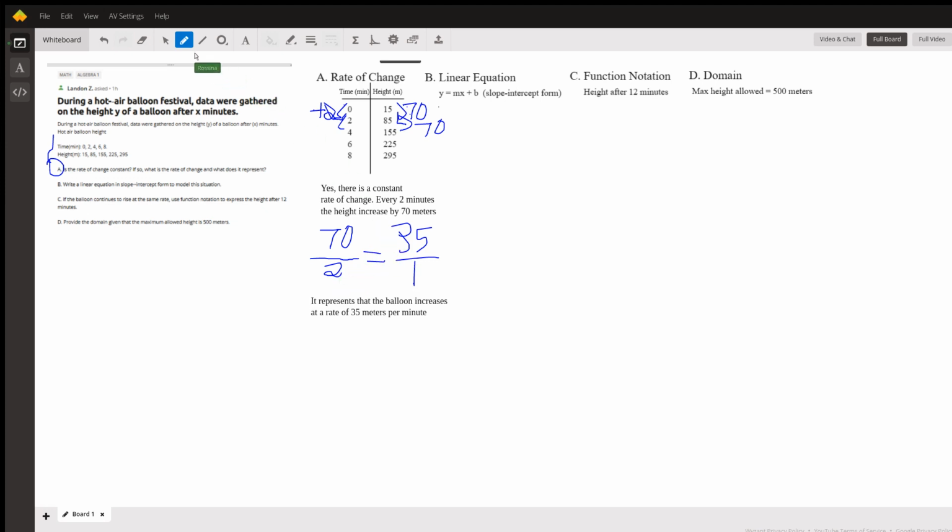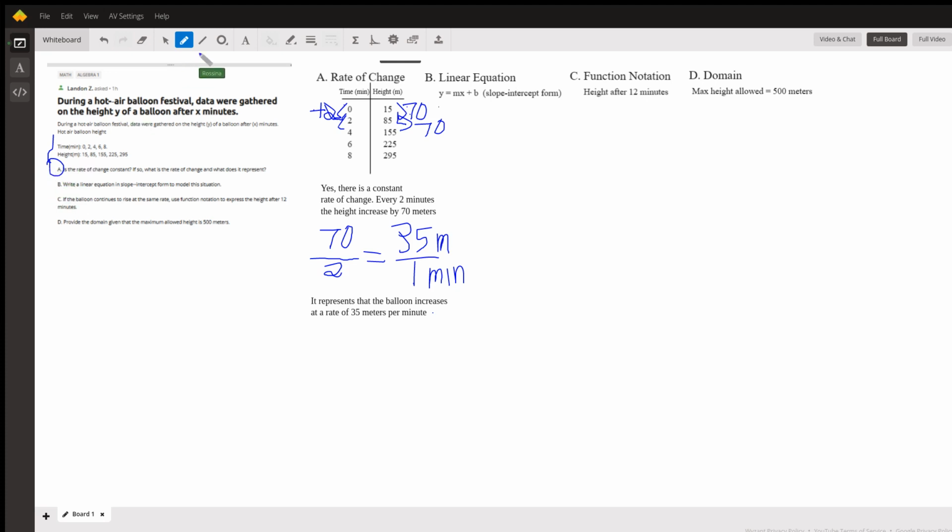Simplify and then put it into the context of this problem. Because the numerator 70 represents my meters and the bottom represents my minutes, we can say 35 meters per minute, and it's positive, so it's going up. That's why we say the balloon's height increases. All right, that is part A, interpreting the rate of change.